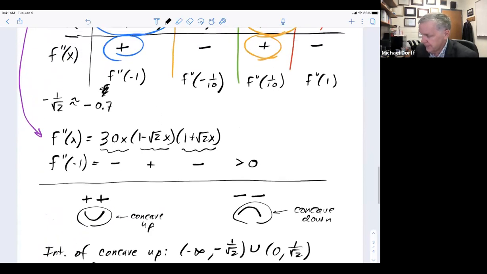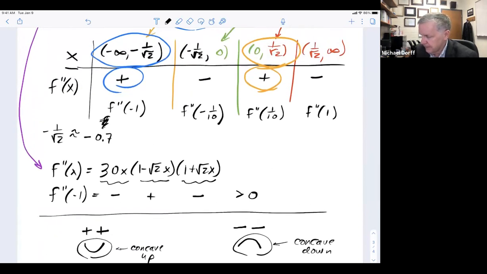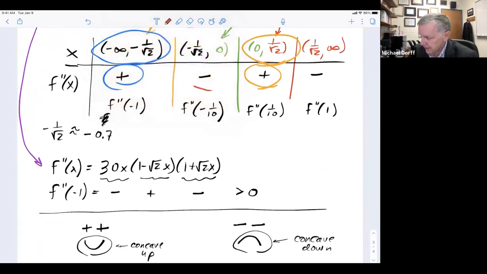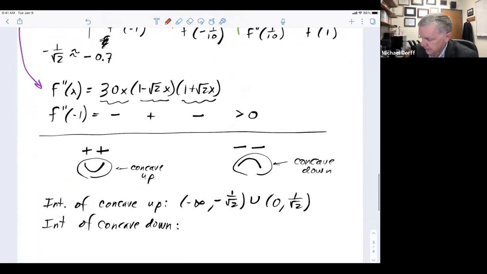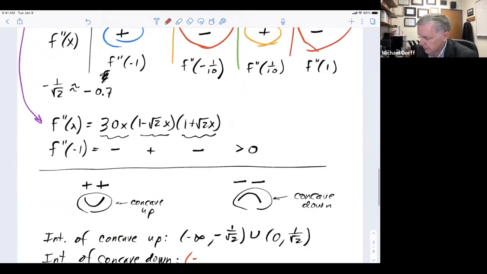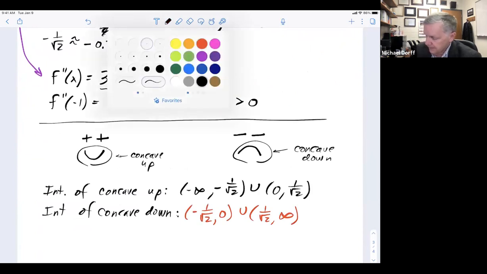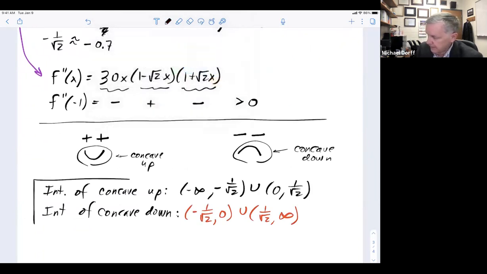So anywhere I have a negative, I've got concave down. So here I've got concave down on this one and this one. So I'm going to do negative 1 over square root of 2 to 0, union 1 over square root of 2 to infinity. All right, those give me then my intervals of concavity.